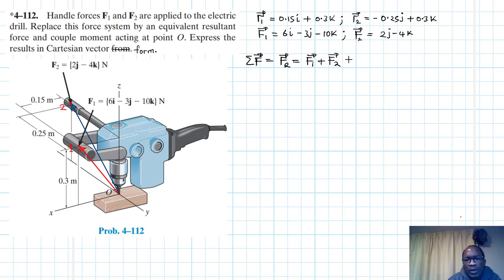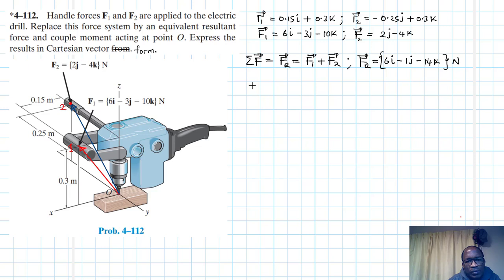Therefore the resultant is just going to be equal to, let's sum them up, 6i, it's the only i, minus 3 plus 2, that is just minus 1j, and then minus 10 minus 4, that is minus 14k, and the unit for this is just newtons.